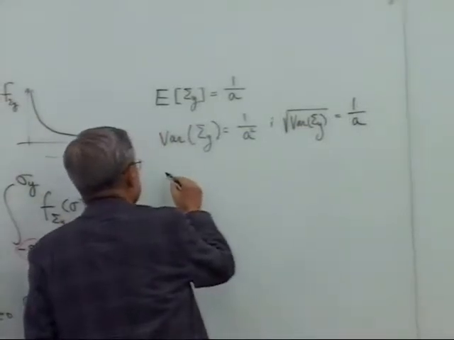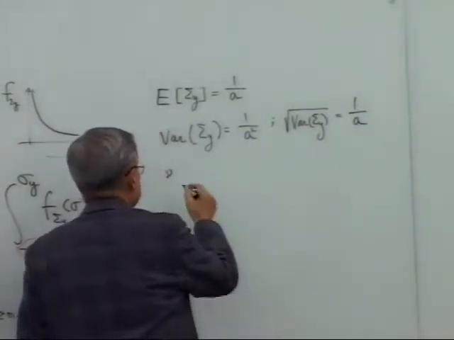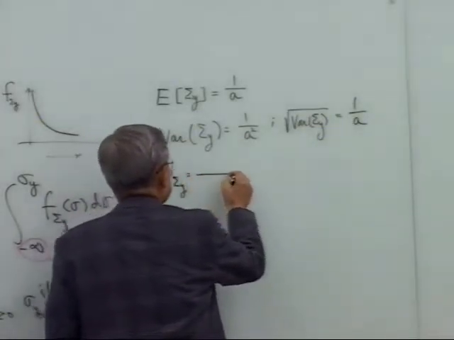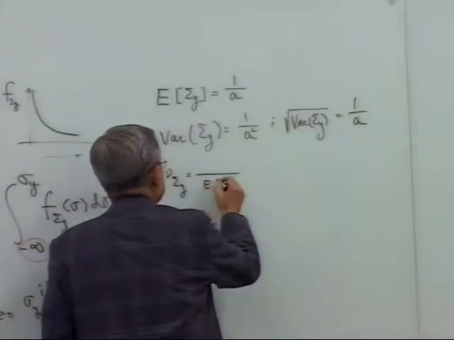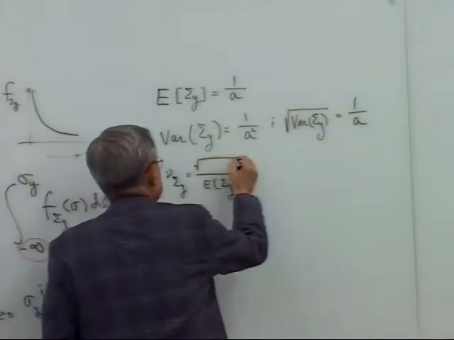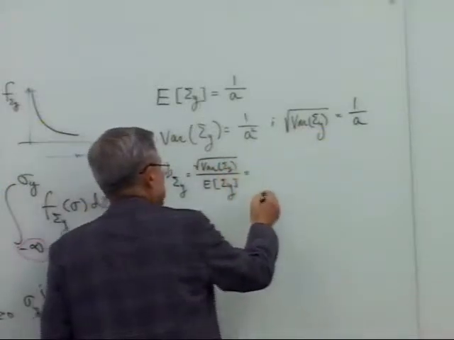Which is telling us the coefficient of variation, just to rewrite to make sure, is the square root of variance, the standard deviation.